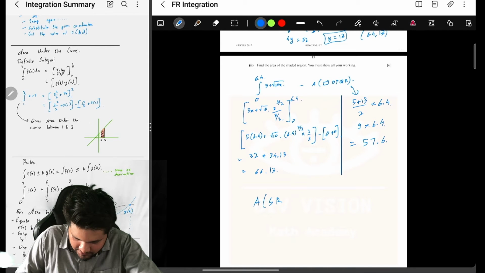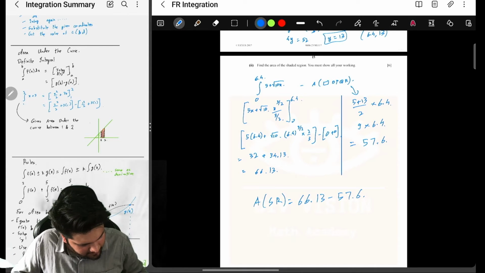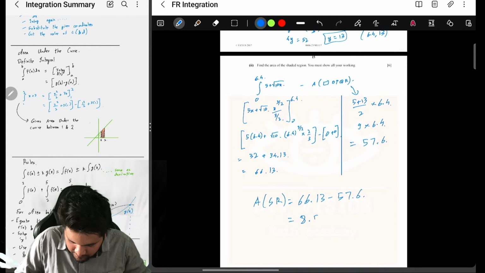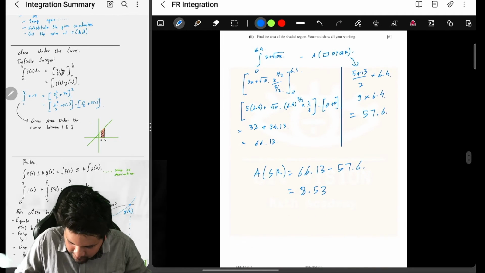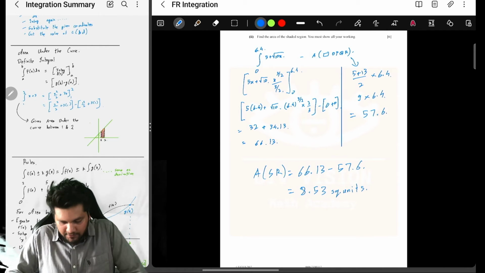So the area of the shaded region is going to be 66.13 minus 57.6, which in turn will give me 8.53. Is there any unit given? No. 8.53 square units. That's going to be your answer for this question.